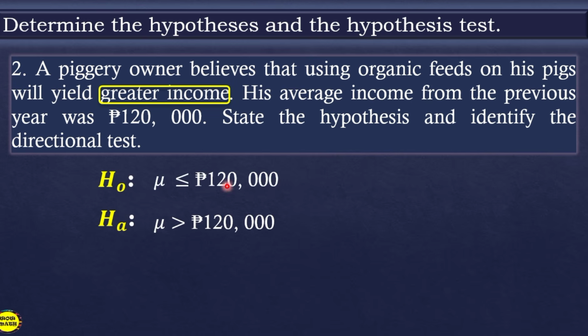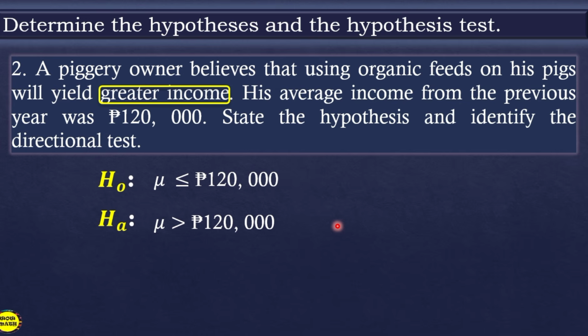So, ang ilalagay nyo sa alternative hypothesis natin ay yung greater than na symbol. So, kapag greater than yung alternative hypothesis natin, ibig sabihin, ang null hypothesis natin, less than or equal. So, kapag greater than ang alternative hypothesis natin, ito ay halimbawa ng one-tailed test.